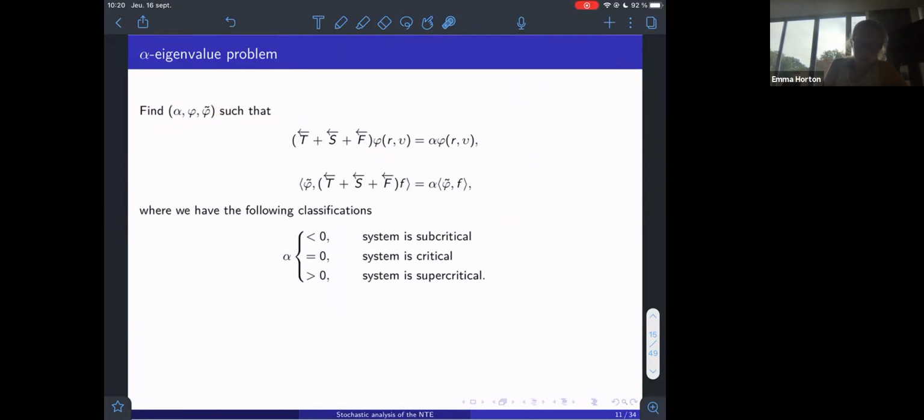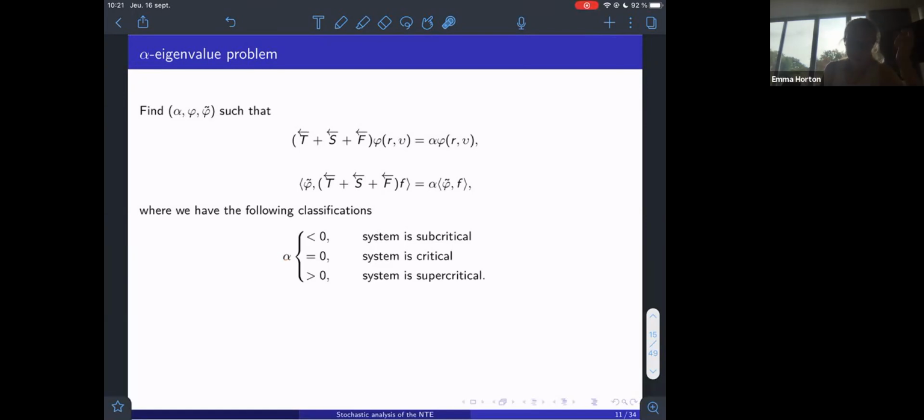So I want to find alpha, a real number, and 2 functions, phi and phi tilde, where phi is the right eigenfunction with respect to the leading eigenvalue alpha, and phi tilde is the left eigenfunction with respect to the same eigenvalue. One of the reasons we're interested in this is because this describes the long-term behavior of our system.